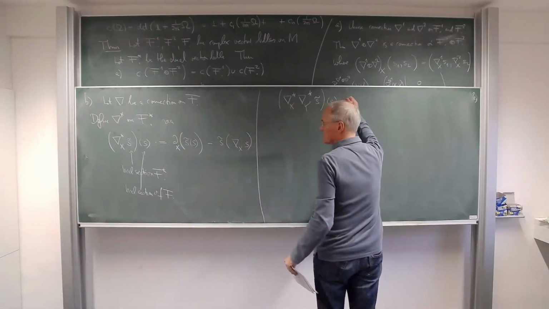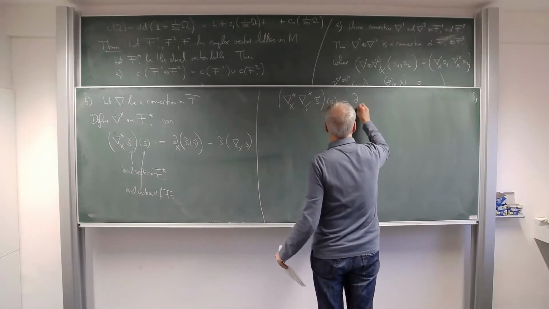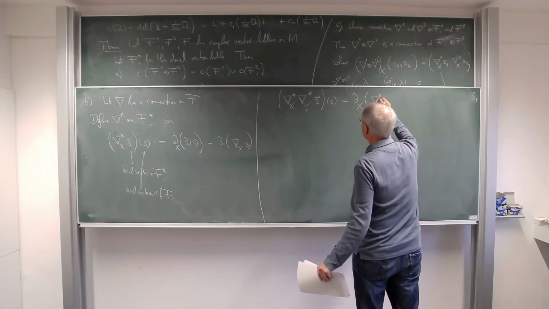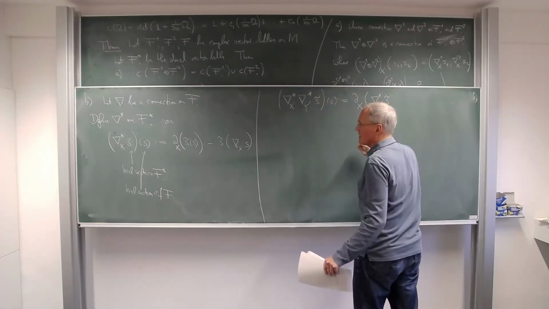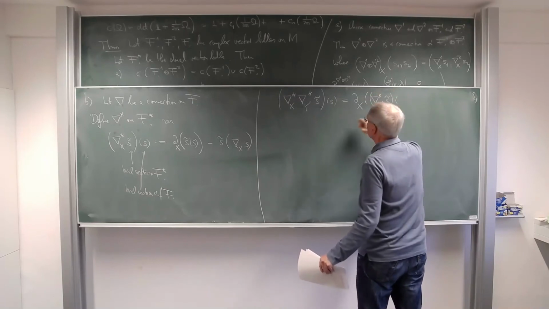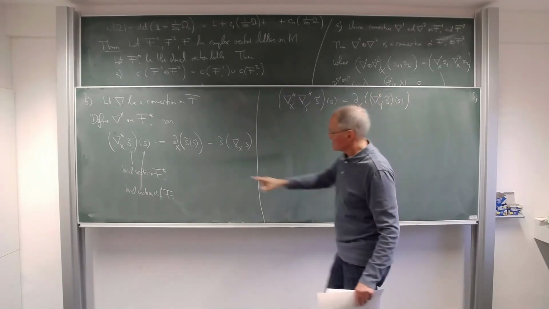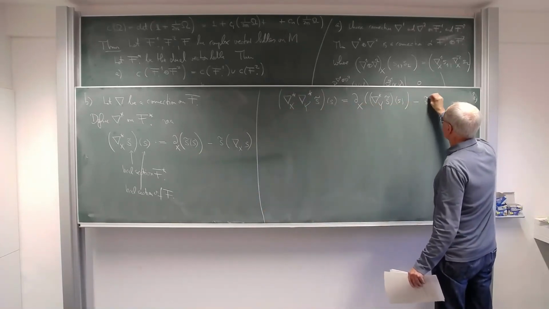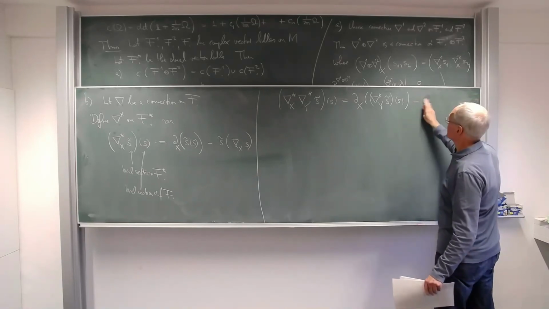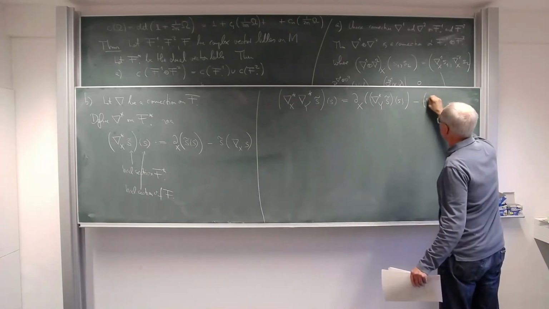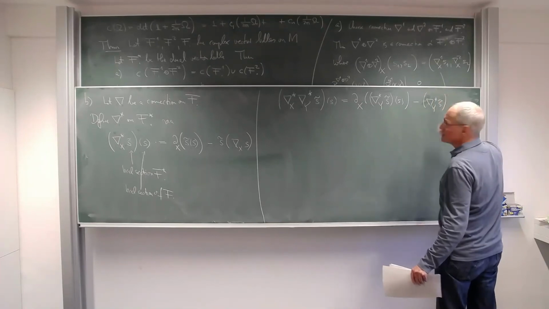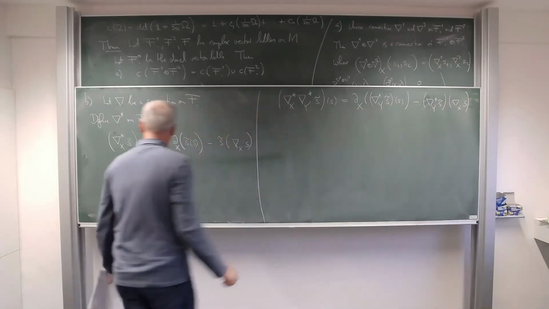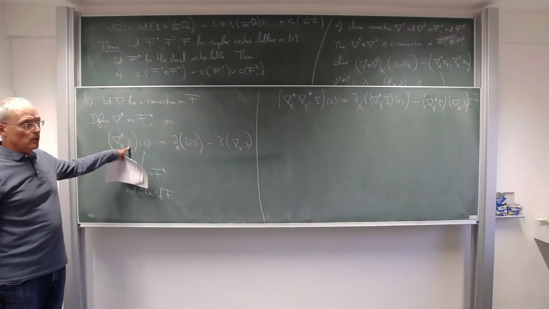And so what I have is nabla X of this term, nabla star Y S tilde, applied to S, minus this part here, nabla Y star S tilde, applied to nabla X S. So that's what I have if I replace S tilde here by nabla star Y S tilde.